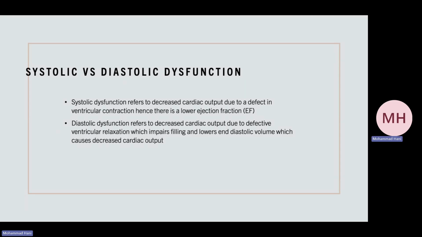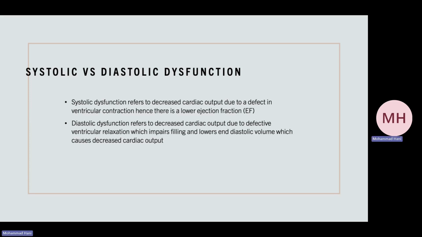This refers to decreased cardiac output again due to defective ventricular relaxation, which impairs the filling and lowers the end diastolic volume, which then causes a decreased cardiac output. So diastolic is basically a problem with the relaxation of the ventricles. If they're not relaxing properly, they can't be filled properly.